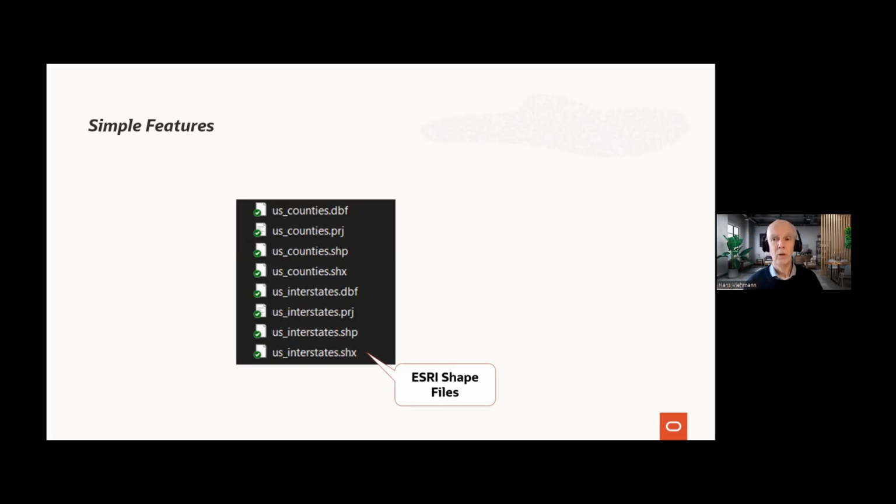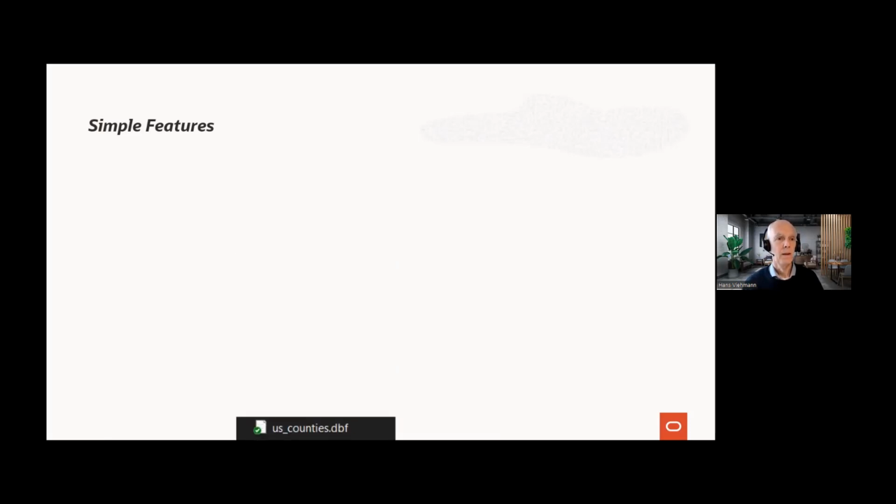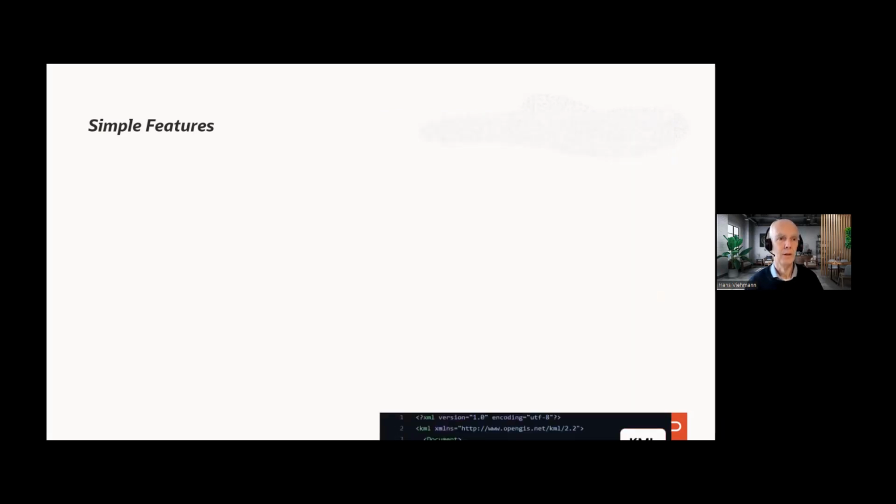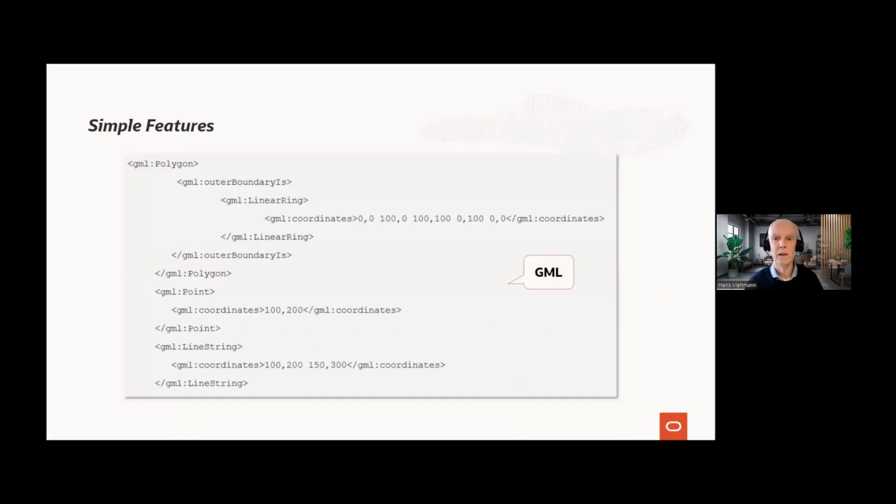As you will probably recall, Spatial Studio can handle this kind of data, right? And we showed that last time. So that's shapefiles. Then there's KML. That's a standard which Google came up with when they introduced Google Earth to better handle 3D data. And from the times when XML was hugely popular, we also have GML, which still today is being used quite heavily by, for example, the national mapping agencies and other authorities, right?